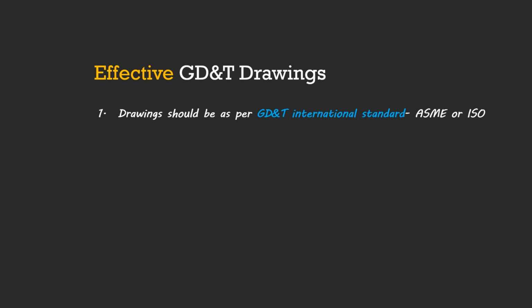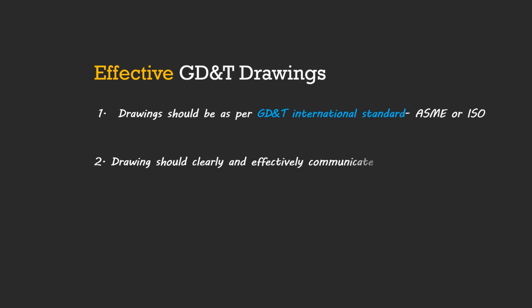And our job is to use the GD&T correctly to create effective GD&T drawings. Effective GD&T drawings means, number one, drawings should be as per GD&T rules and GD&T international standard, either ASME or ISO.